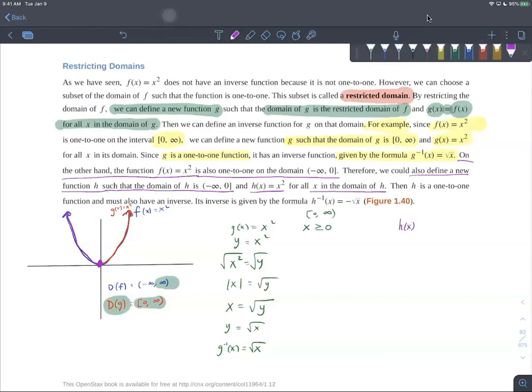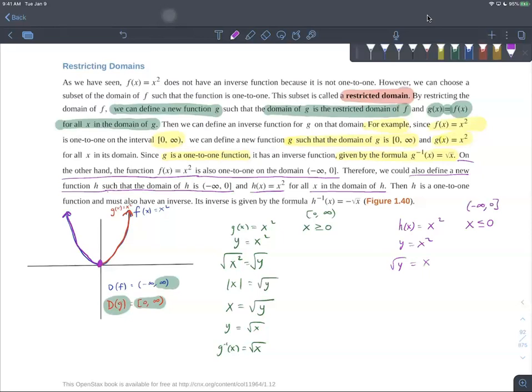So h of x is equal to x squared, y equals x squared. If we take the square root of both sides, then we have the square root of y equals x. Now keep in mind here that x is less than or equal to 0 in this case, because the domain we define to be negative infinity to 0.